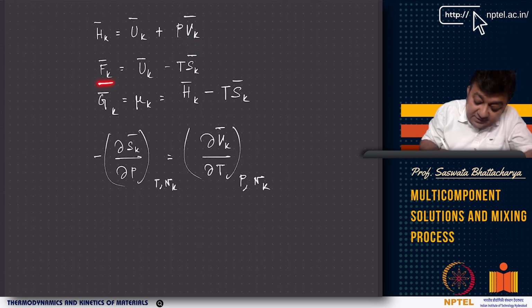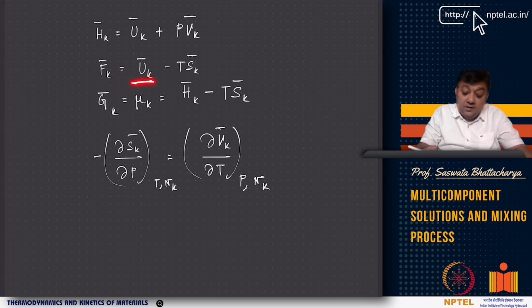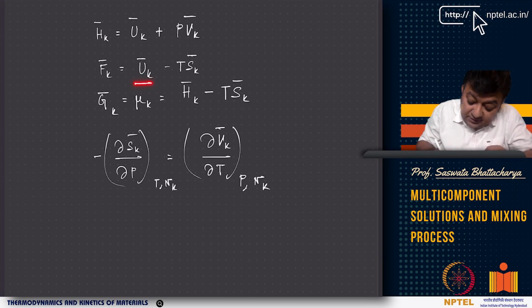Similarly, the partial molar Helmholtz free energy Fk bar of component K equals the partial molar internal energy of component K minus T times the partial molar entropy of component K. Similarly, we can write Gk bar, which is nothing but mu K, the chemical potential of component K, which is equal to Hk bar minus T Sk bar.